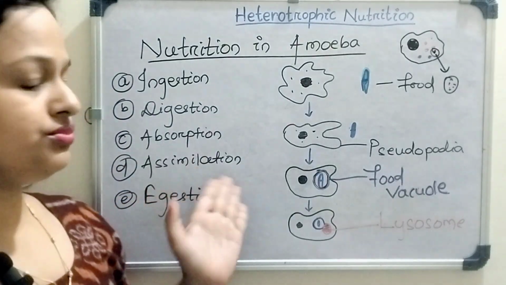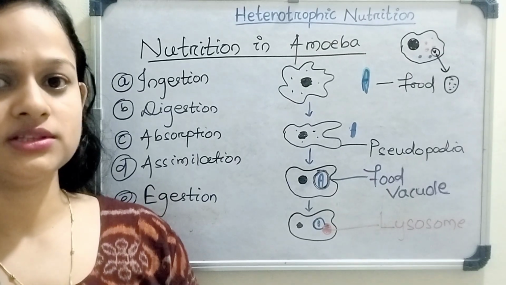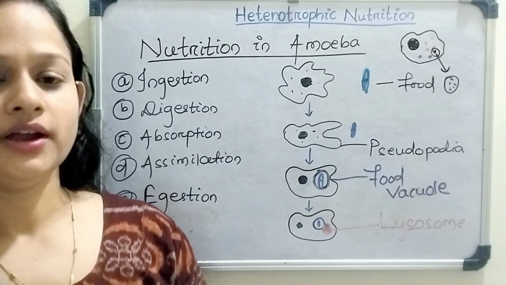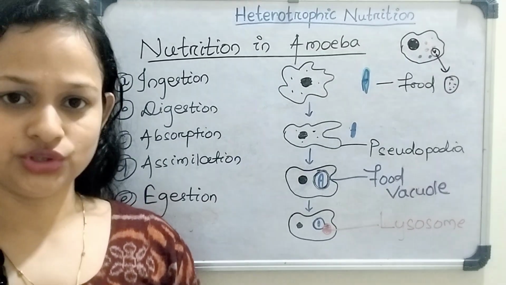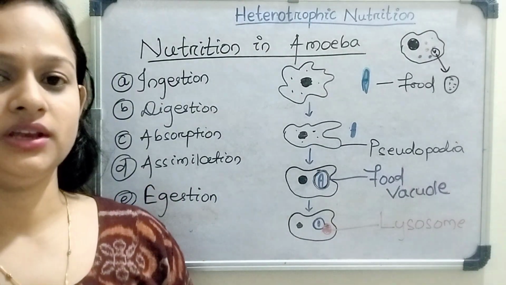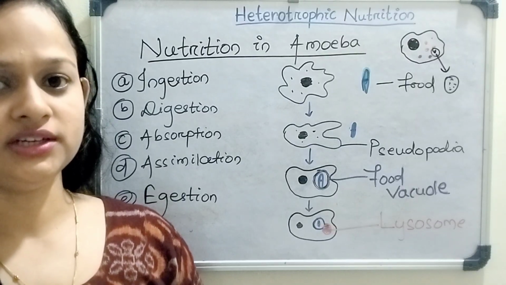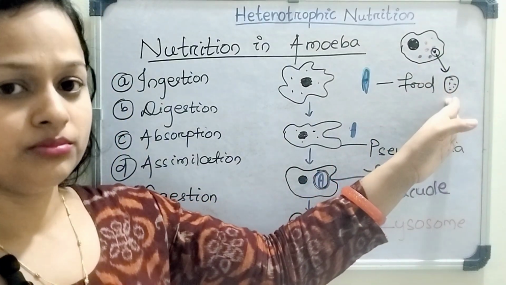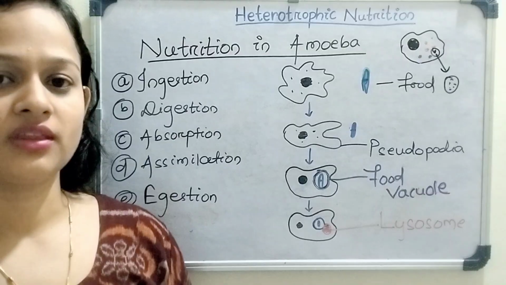In the assimilation process, the food particles are used for respiration in amoeba, and the rest of the food is used in the growth of the amoeba. Then the next step is egestion, and it is the last step. In this step, the undigested food that remains in the food vacuole will come out of the body of the amoeba by rupturing its cell membrane.